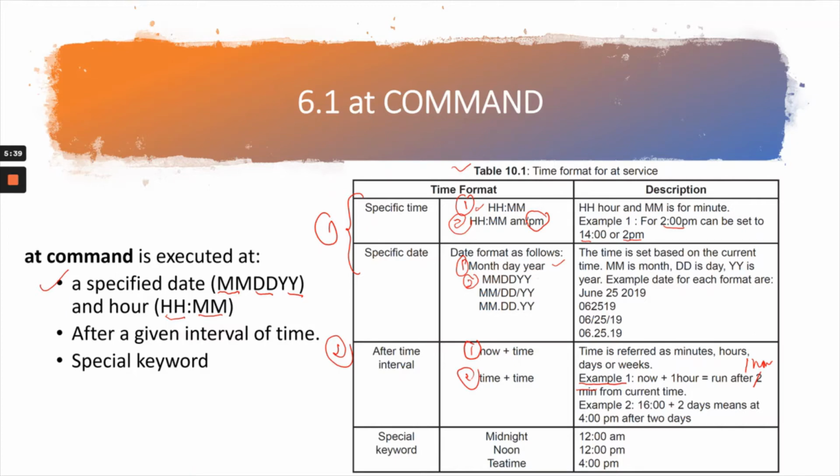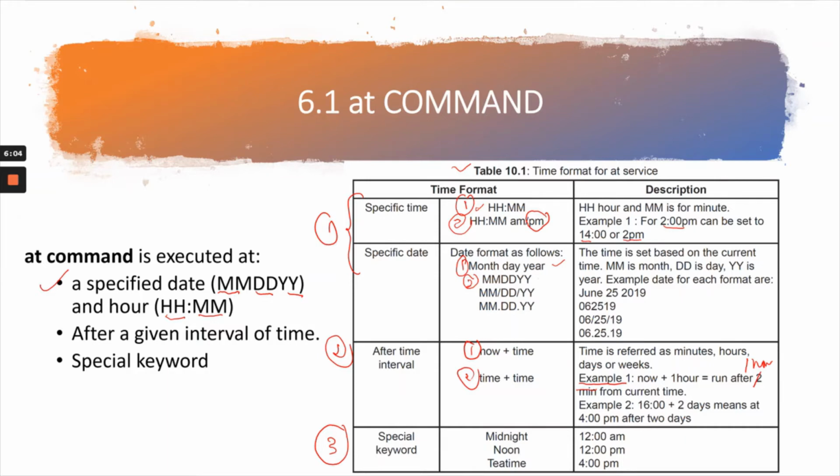meaning at 4 p.m. after 2 days. Lastly, the at command can also be executed using a special keyword. For example, for today, if you want to run the task at midnight, in the afternoon, or during tea time, you use a special keyword.